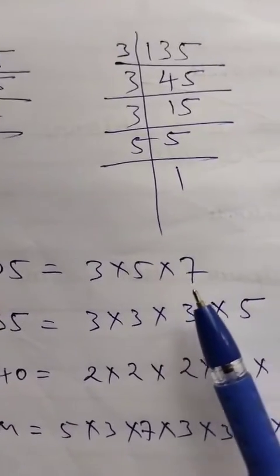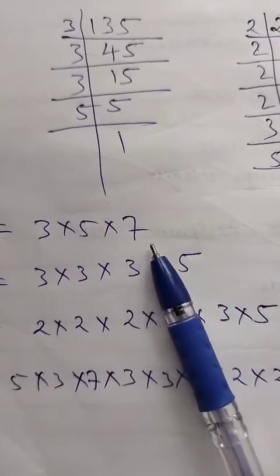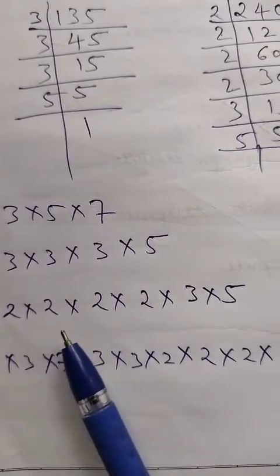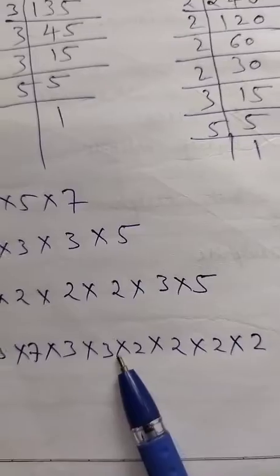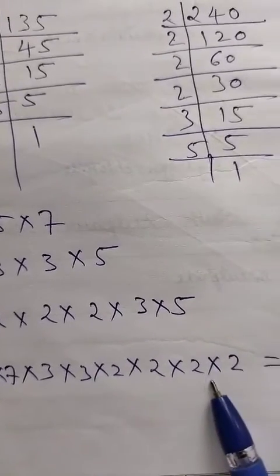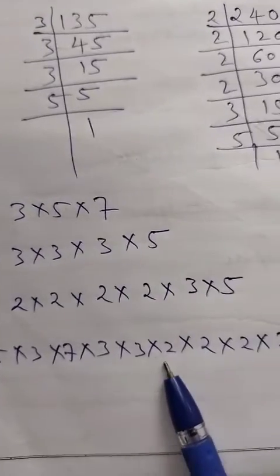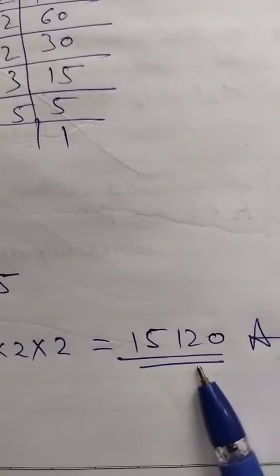Now the remaining numbers you have to take out. Here only 7 is remaining. Here 3 into 3 is remaining. Then here 2 into 2 into 2 into 2. These numbers are remaining. So you have to write here all the remaining numbers. Now after multiplying all these numbers, you will get your answer, 15,120.